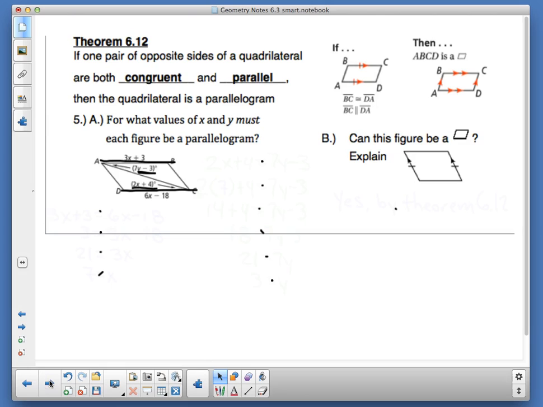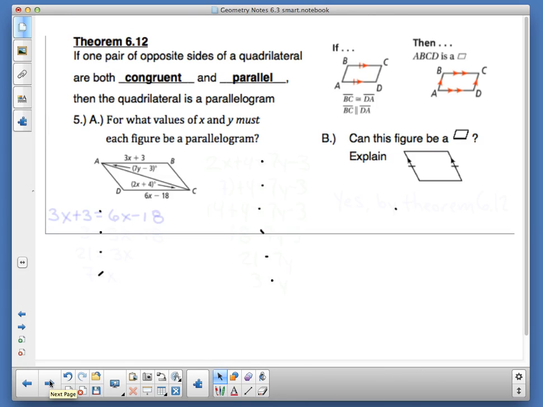If one pair of opposite sides of a quadrilateral are both congruent and parallel, that'll work. But now I'm recalling from chapter 3 alternate interior angles. Okay? And remember, the same variable in the problem has the same answer all the way through. So I got this relationship, 3x plus 3 and 6x minus 18.